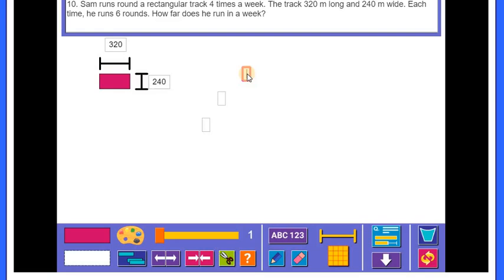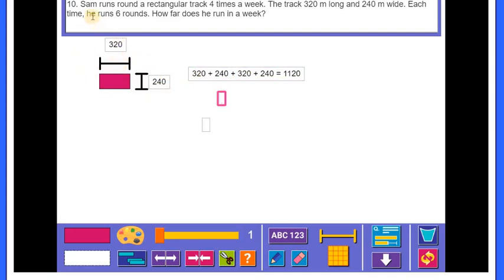I choose 320, the length, plus breadth 240, plus length again 320, plus breadth again 240, and the answer is 1120 meters. You can make a long addition. This is for one round.